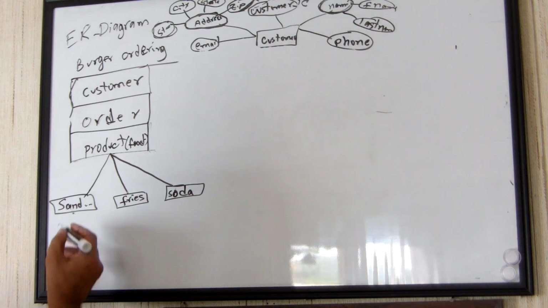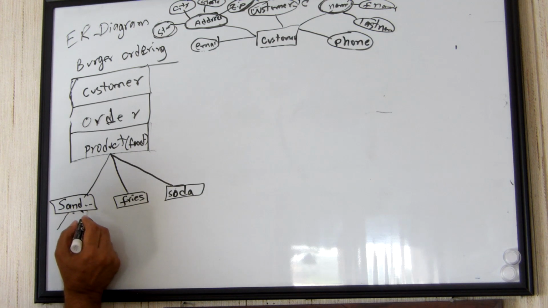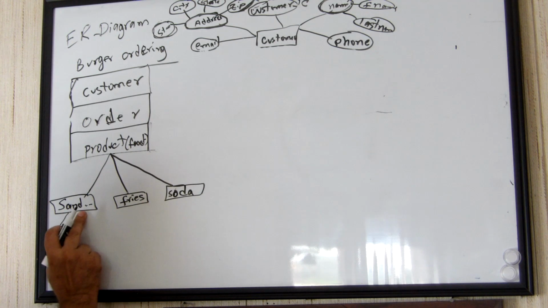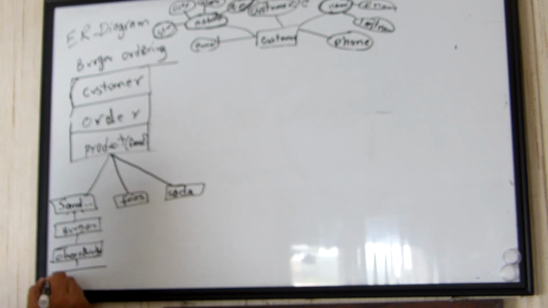We have sandwich. Let's write it in this: we have burger with cheeseburger, and you have bacon burger, bacon cheeseburger.